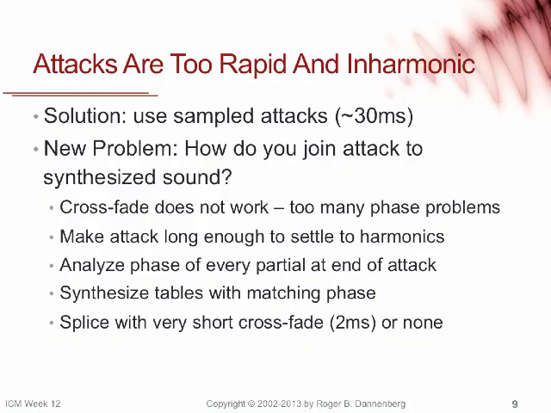Now, one of the problems with spectral interpolation synthesis is while we're able to reproduce harmonic spectra quite well, and even have those spectra vary over time according to the ways that we hear in actual acoustic instruments, there is a problem with attacks on many instruments. So the attacks or the note onsets are rapid and often inharmonic, particularly in brass instruments.